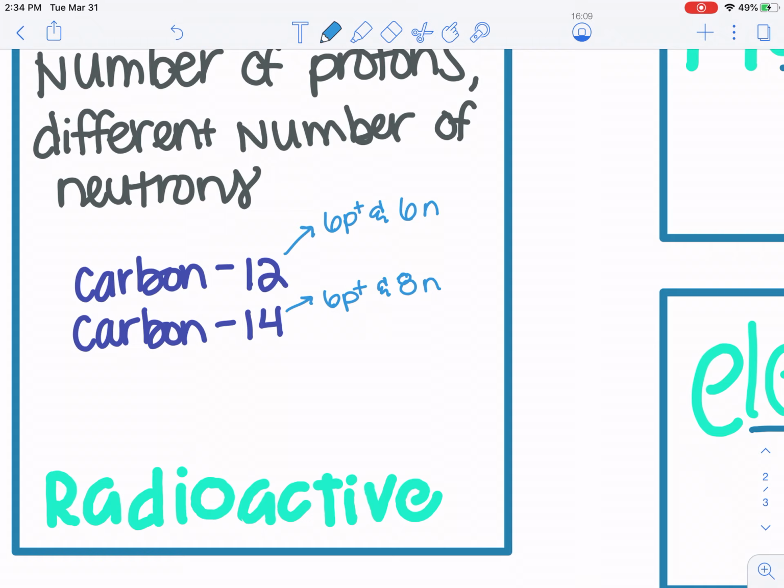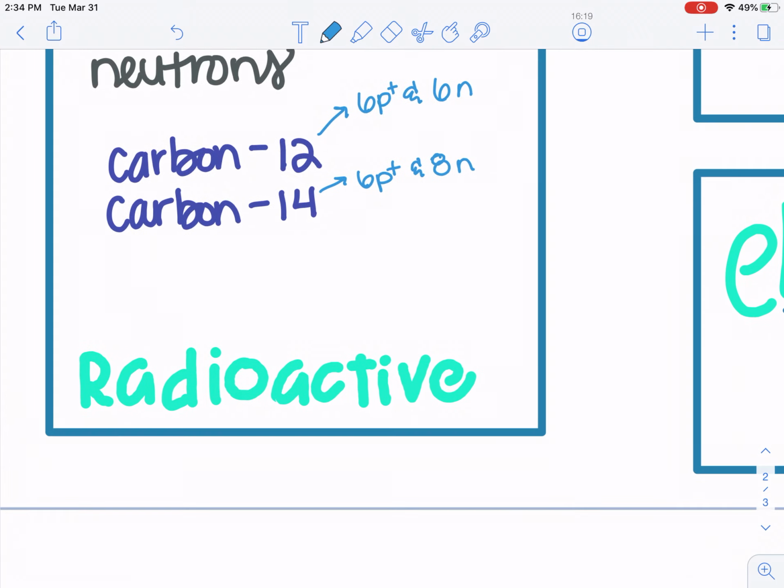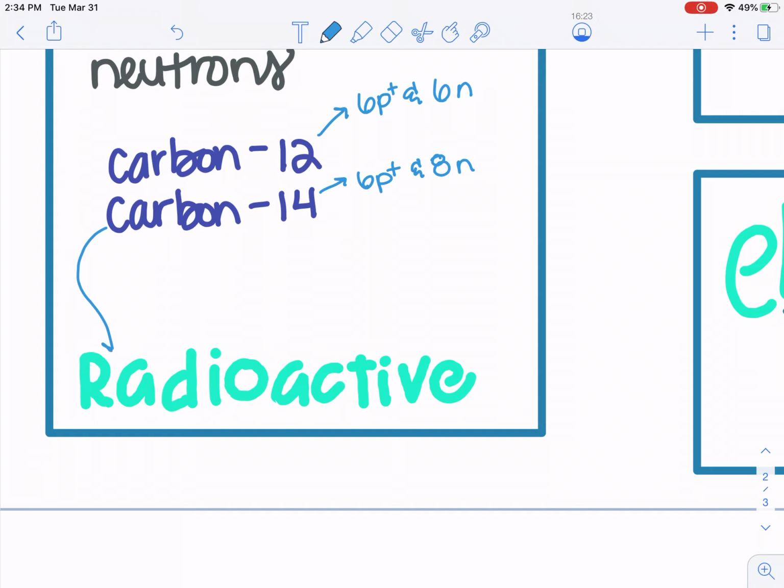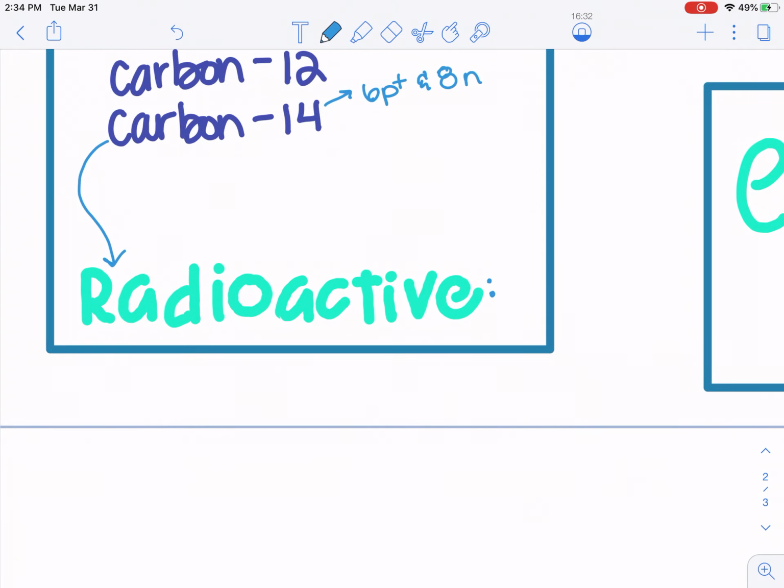Carbon 12 is one of the most common atoms that we have on Earth. It's what most of our bodies are made out of, and anything else organic is made out of carbon 12. Carbon 14, however, is in fact radioactive, which means it will decay, it will break down over time.